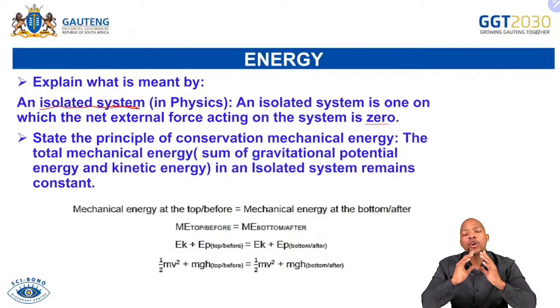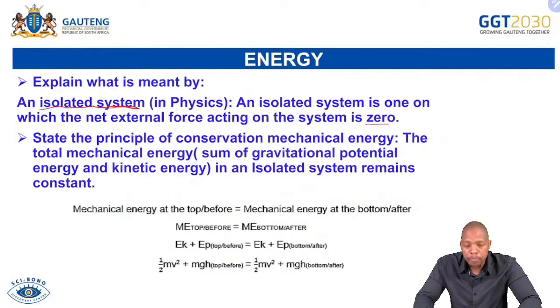That's why you would find questions saying ignore the effect of friction, ignore the effect of air resistance. In this topic, you will find that a lot, because most of the time things are going to be falling here. Those will be indicating to you that we want you to treat the system as isolated.